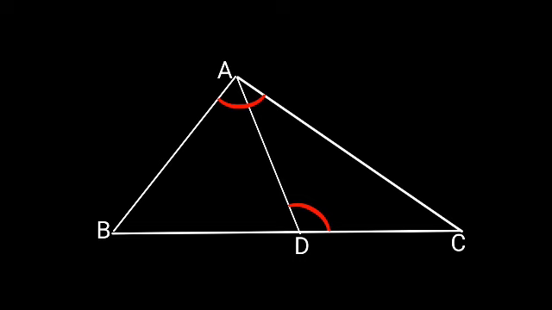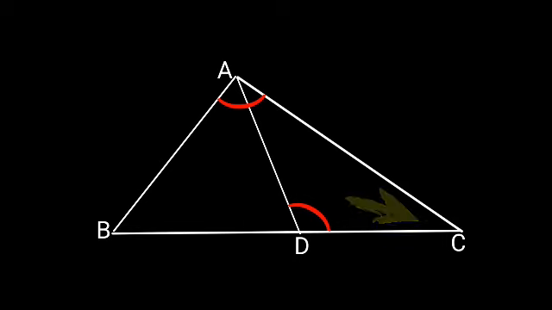In the given figure, in triangle ABC, angle BAC is equal to angle ADC. This red angle we have given equal, and if you look at this figure, in triangle ABC, angle ACB and in triangle ACD, angle ACD are both common.